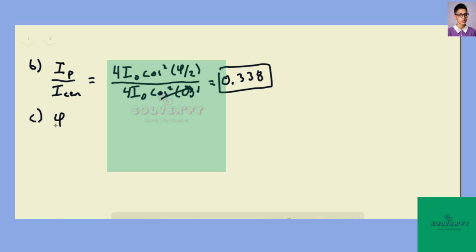So if we divide the phase in radians by 2 pi radians per wavelength, we have 39.6 divided by 2 pi, and so this is 6.3 wavelengths.